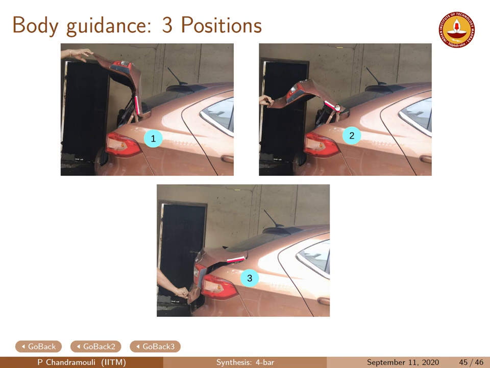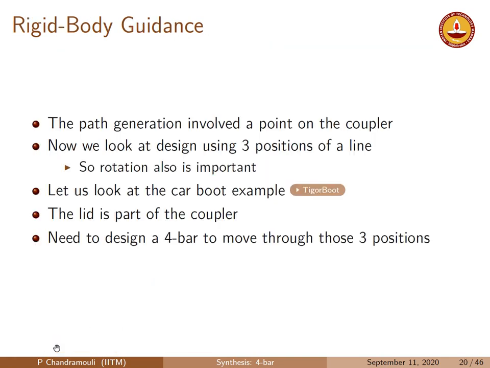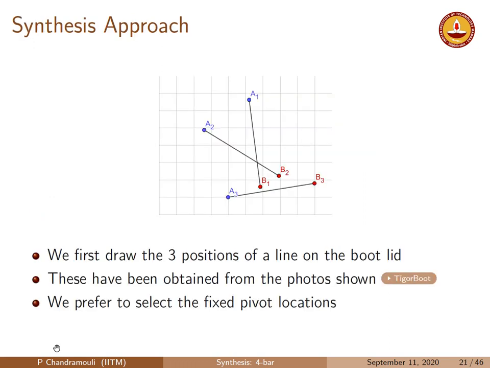So this is another intermediate position too. And finally in the closed position, this is where it is going to be, right? So I'm basically interested in designing a mechanism which will move this line, which is part of the coupler body, through these 3 positions. So that's basically the goal of the exercise.